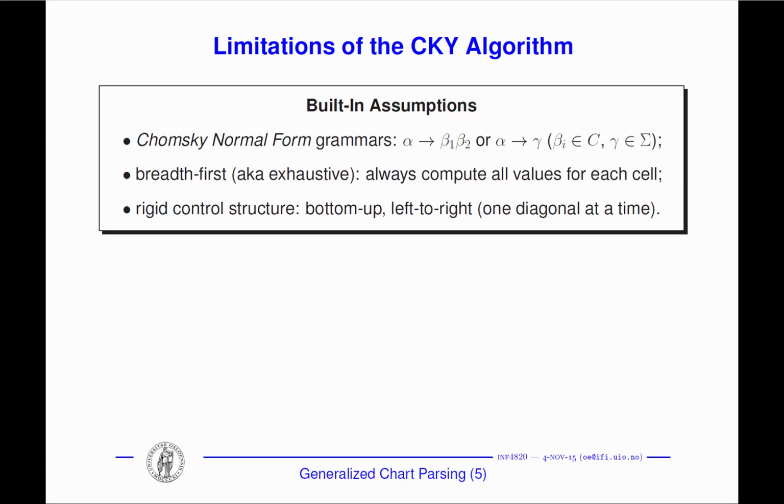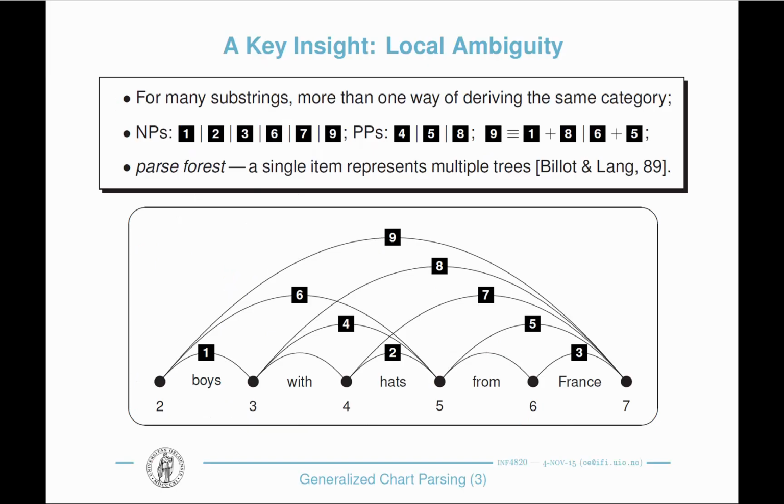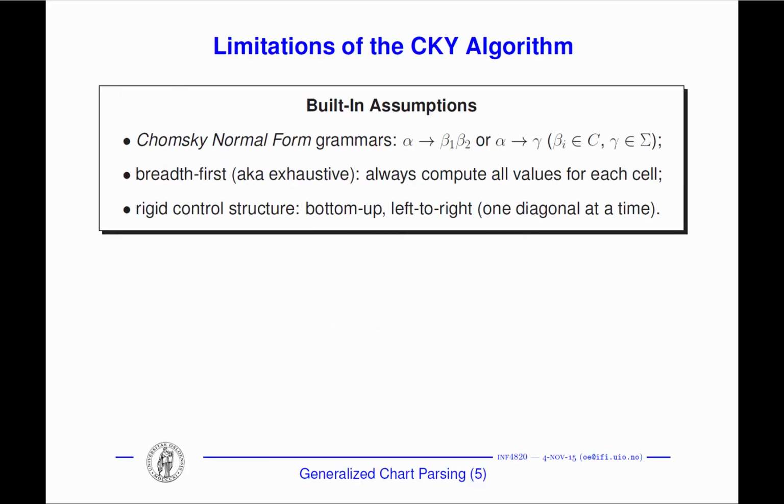This is a more restricted form of context-free grammar than what I had on the original slide here, because here I said beta 1 to beta n, and they can be from the union of C or sigma. So the CKY algorithm is limited to a restricted form of context-free grammars known as Chomsky normal form grammars, where all rules either have two and exactly two non-terminal symbols on the right-hand side or exactly one terminal symbol.